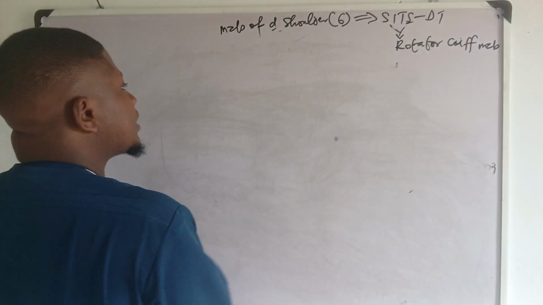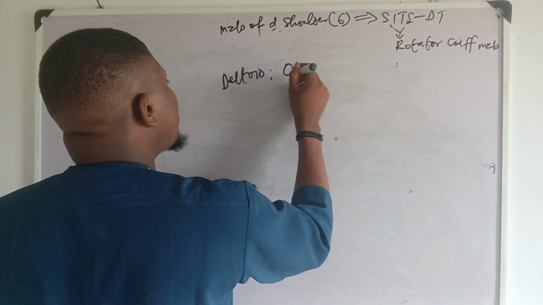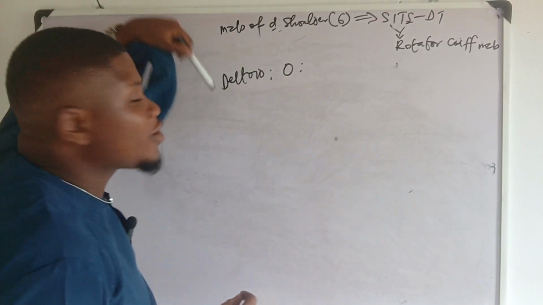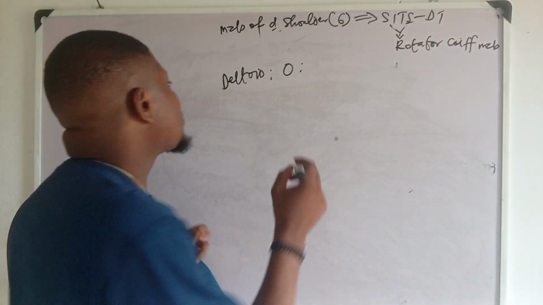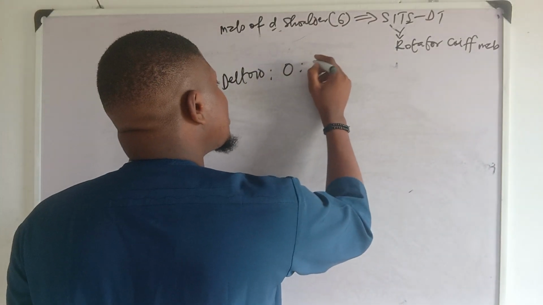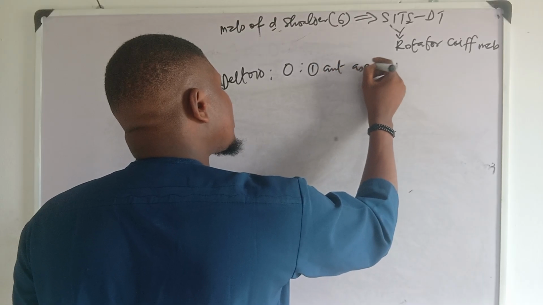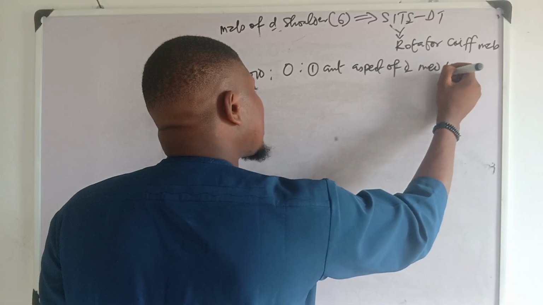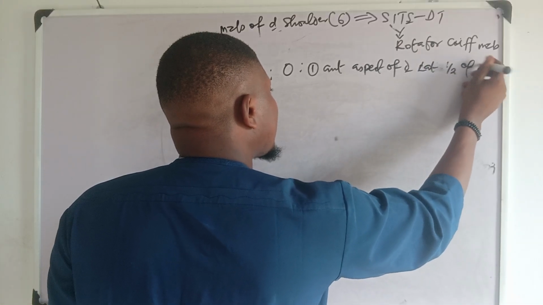So deltoid, you already know the origin. Remember we said that the insertion of trapezius is inverse to the origin of deltoid. So this guy is going to originate from, number one, the anterior aspect of the lateral half of the clavicle.